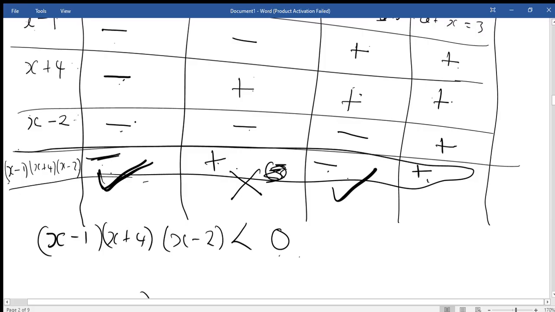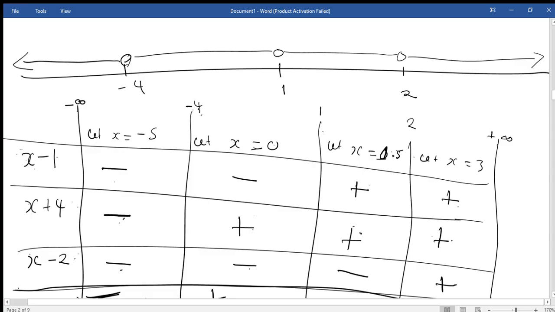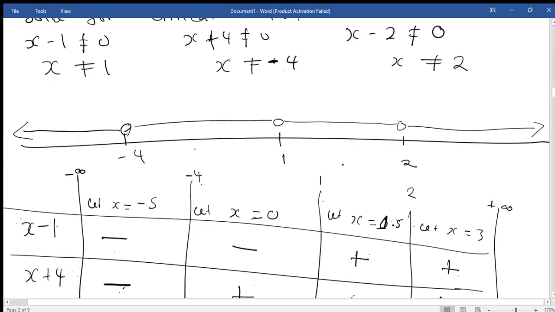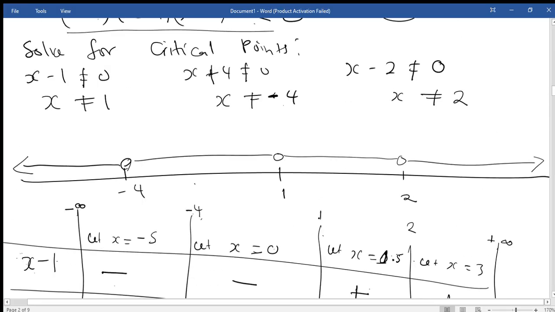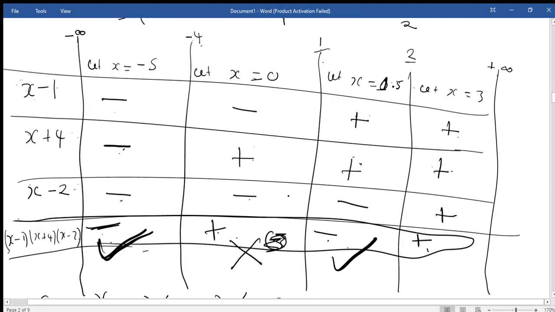And what is the first column? The boundaries are -infinity and -4. And the third column is 1 and 2 being the boundaries. So these are our solutions to the inequality.